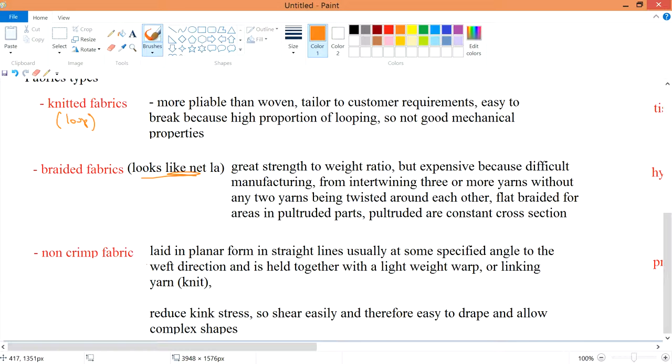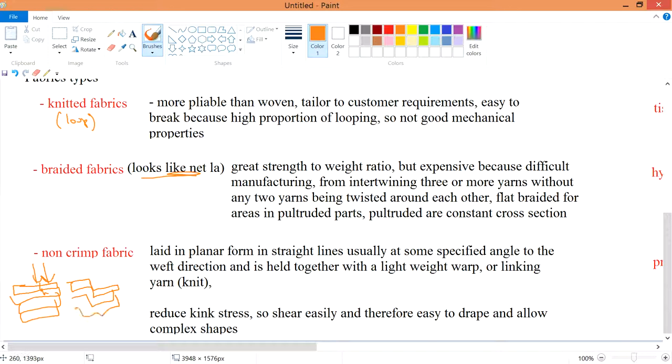The keyword for the non-crimp fabric is reduce your shear stress, so you can shear properly. I'm not going into details of what shear stress is, maybe later. So you have this material like that. If you were to compress it over here, the material will actually be compressed like that.